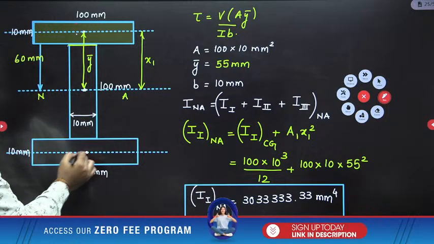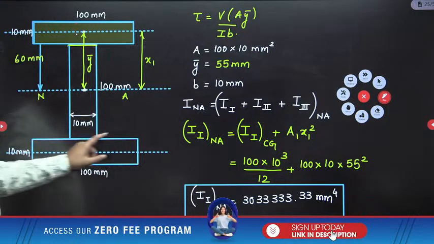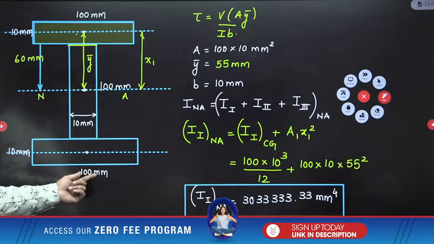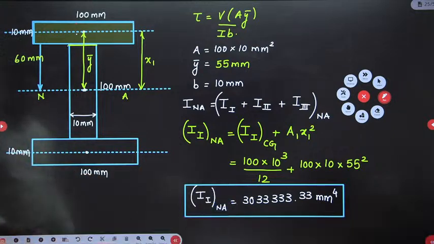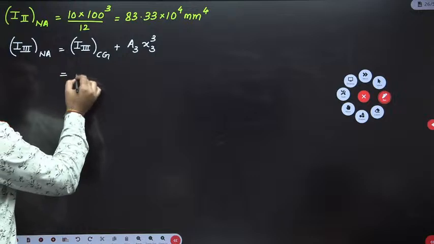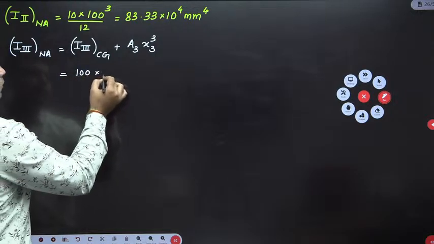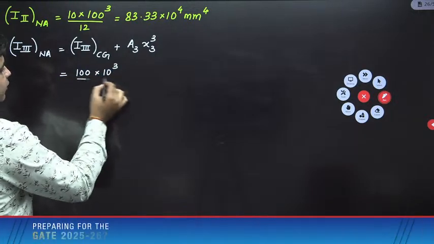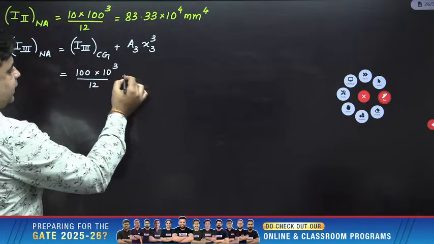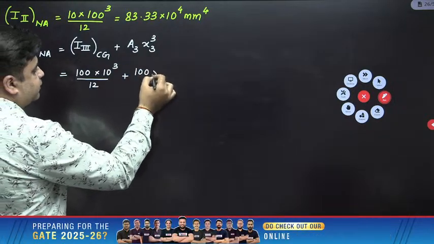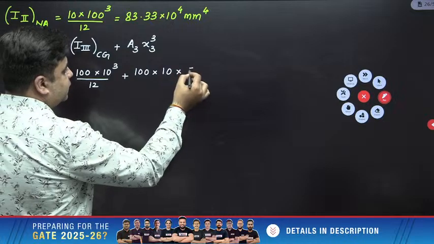The moment of inertia about the centroidal axis will be 100 into 10 cube by 12, plus A3, where A3 is 100 into 10 and x3 is 55 again.